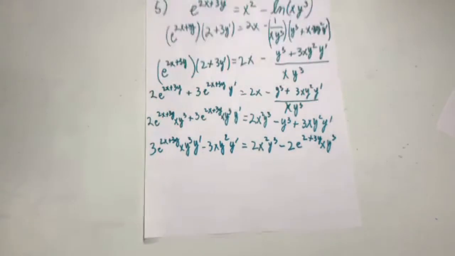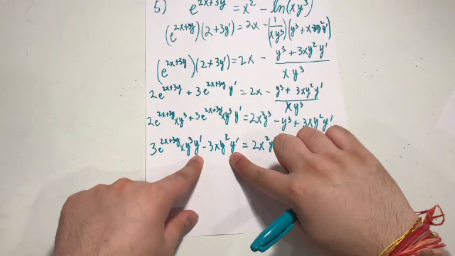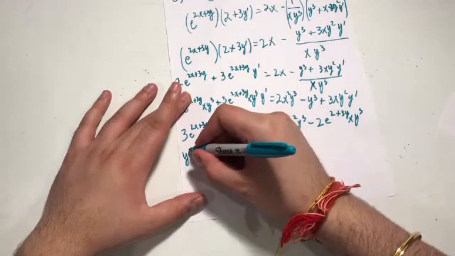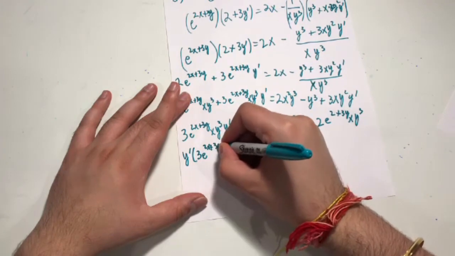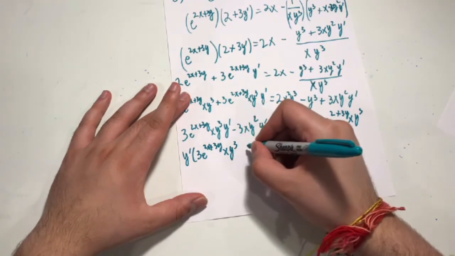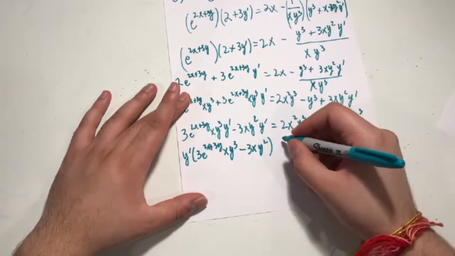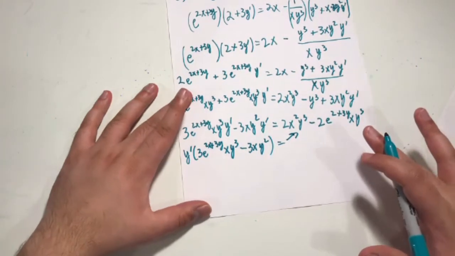Now, just like all the other problems, we're at this point where we do a GCF with our y primes. And on this side, we would end up with y prime times 3e to the 2x plus 3y, God, is a mouthful, xy to the third minus 3xy to the second, equal to, same stuff here. I'm not going to bother with writing that out again.